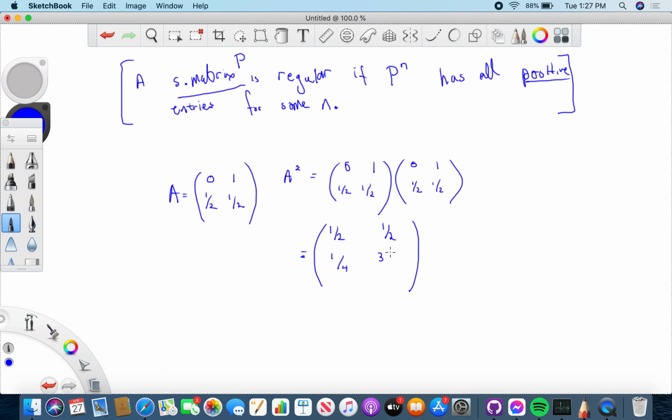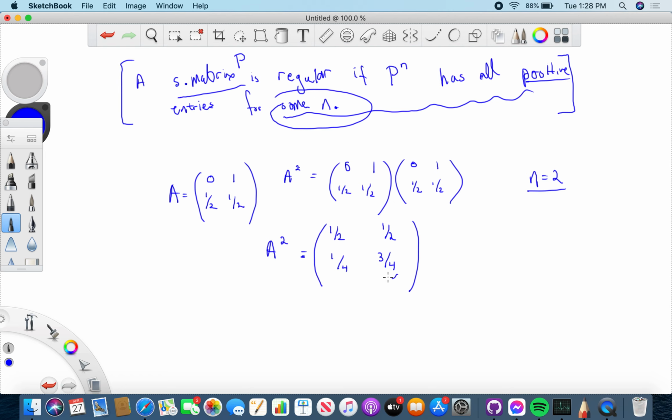So this entry is going to be 1/2 plus 1/4, or 3/4. Okay, so this is A squared. By our definition, this is for some n. So in this case, n is equal to 2, and that works.